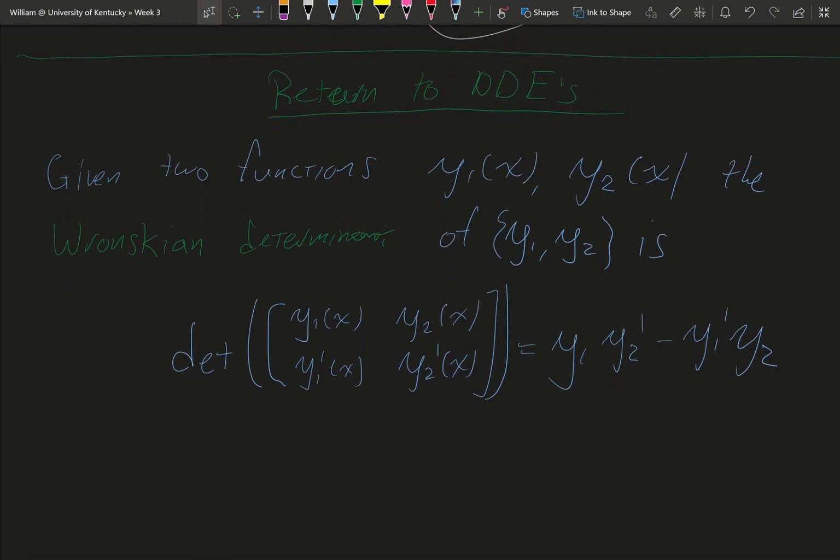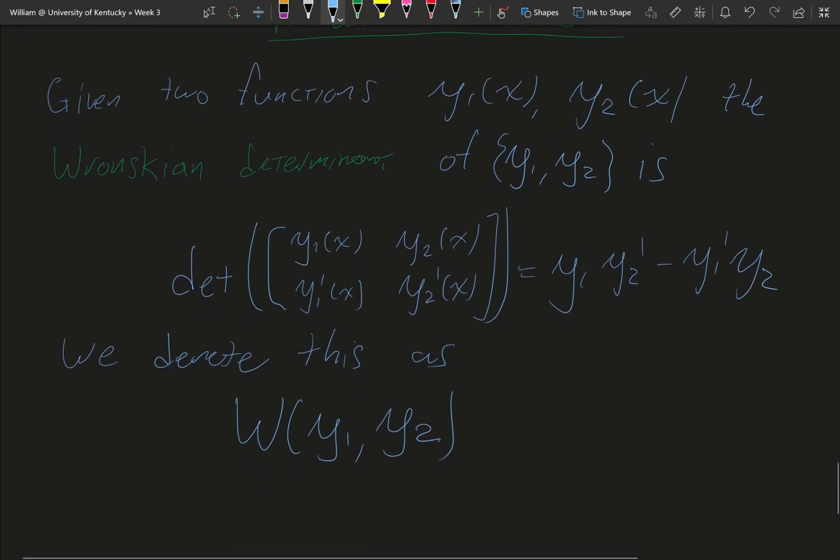And we denote this as just W of y1, y2, or W of y1, y2, and then we might write an x just to emphasize what our variable is.